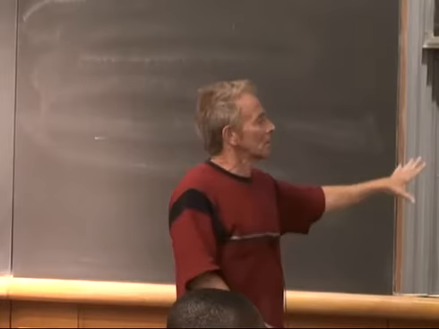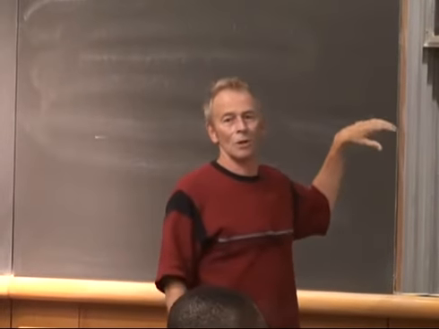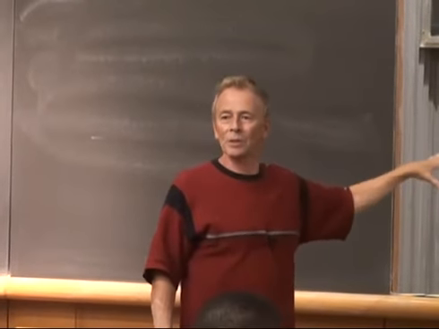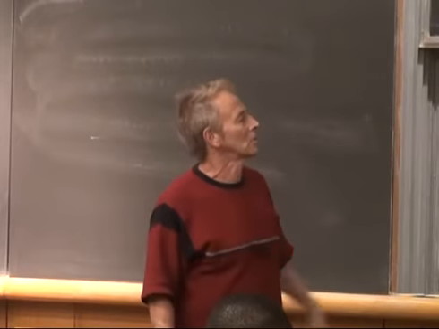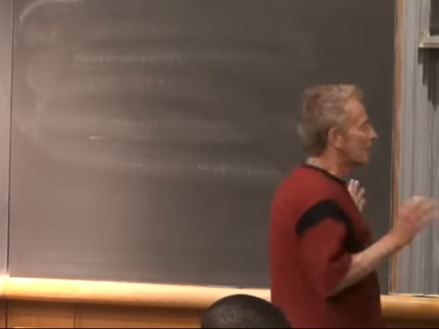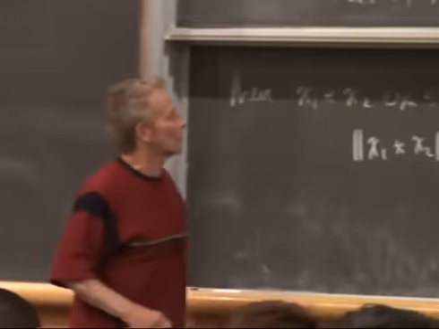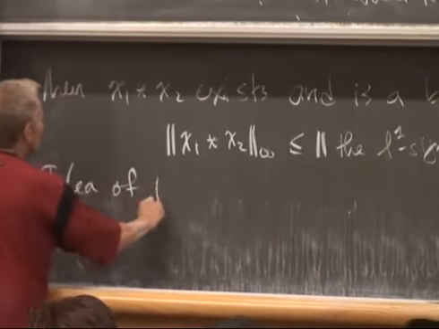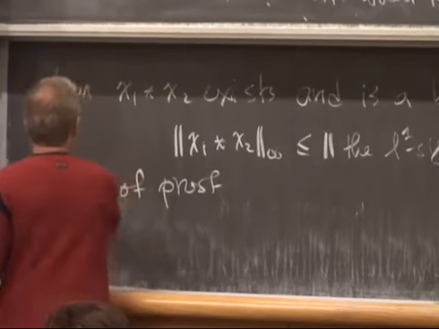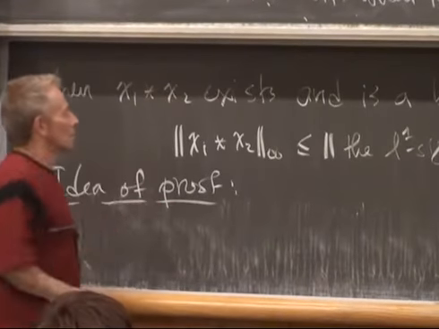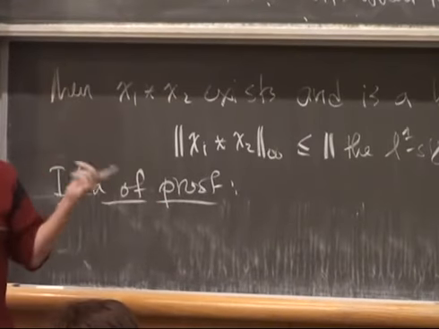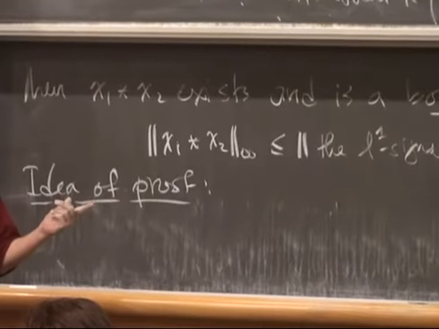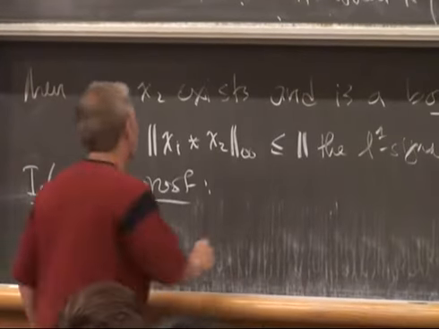Okay, so it turns out this criterion is at the heart of what's called bounded input, bounded output stability for LTI systems, which we'll get to as we go along. And for the detailed proof, I refer you to the monograph, but here's the idea of the proof, just to show you what's going on. Let's, for definiteness, let x1 be the L1 signal and x2 be the L infinity signal.